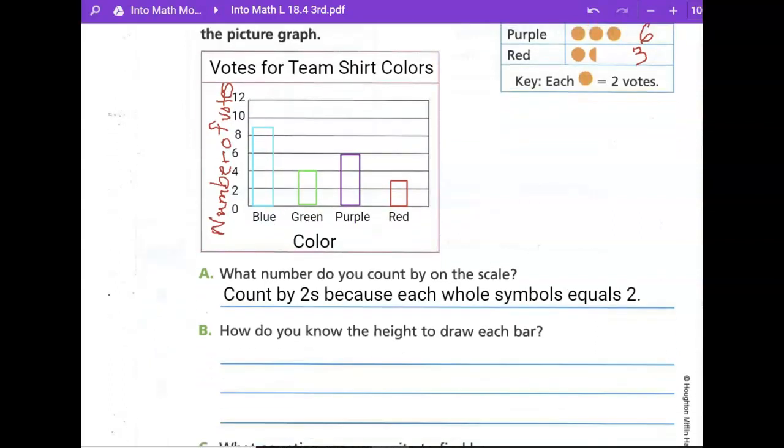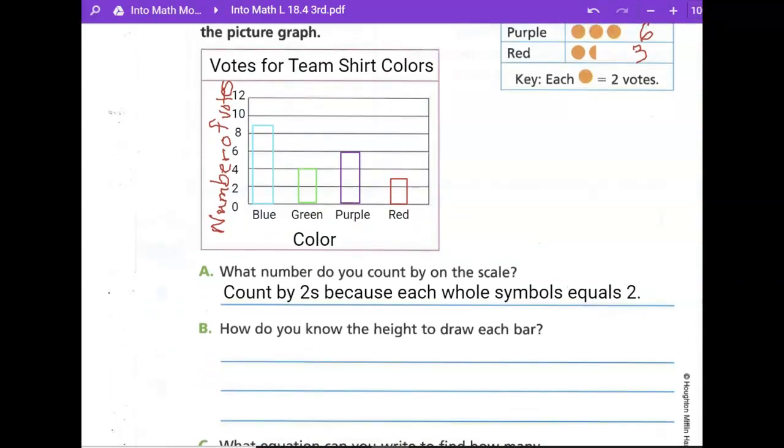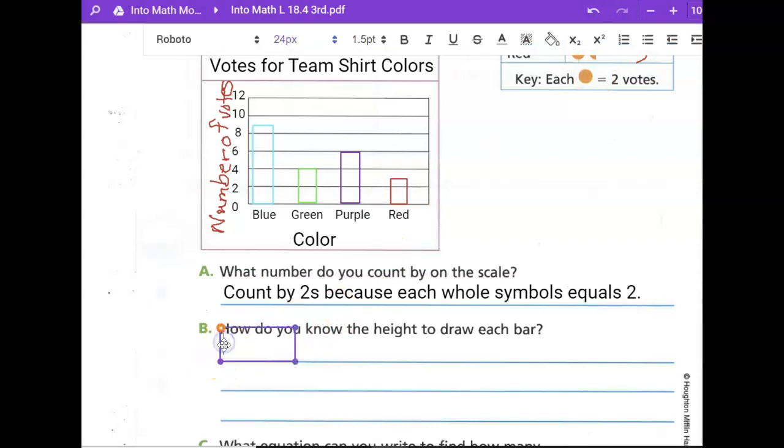All right. How do you know the height to draw each bar? This is going to be kind of long because we're going to go back and talk about how when we talked about the numbers. So the first thing we did was multiply the number of whole symbols by 2.